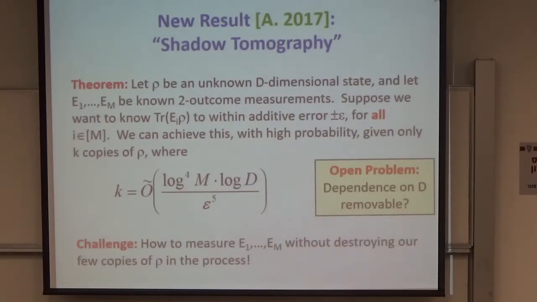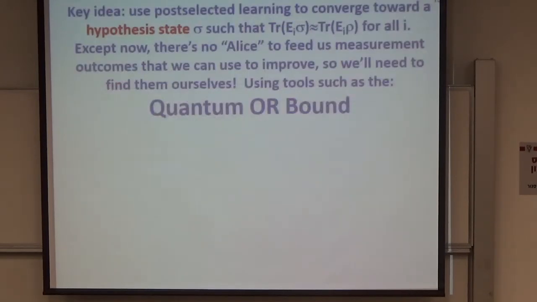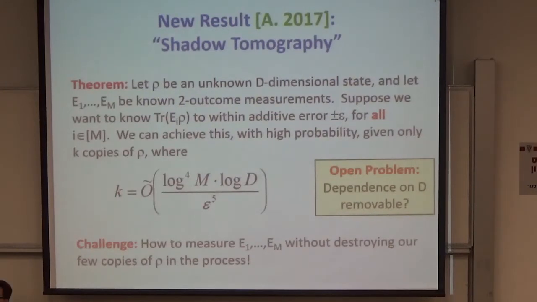So what's the challenge here? The challenge, of course, is you get only a few copies of rho, way fewer than m copies, and somehow you have to learn rho's behavior on all m of these different measurements, yet without destroying your copies of rho in the process. So, the intuition. Let me just quickly tell you the intuition behind this result.